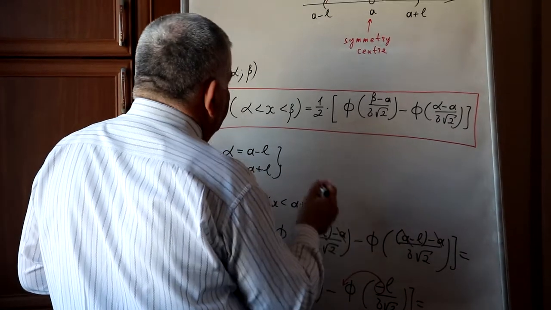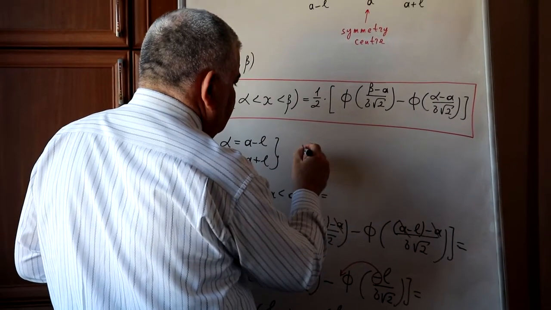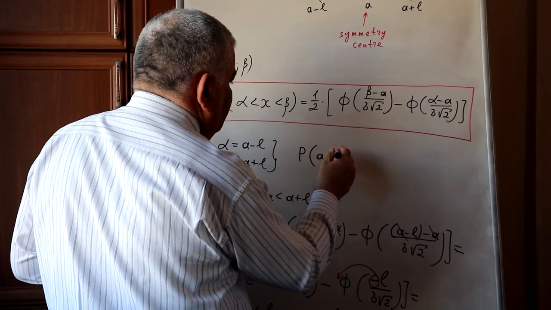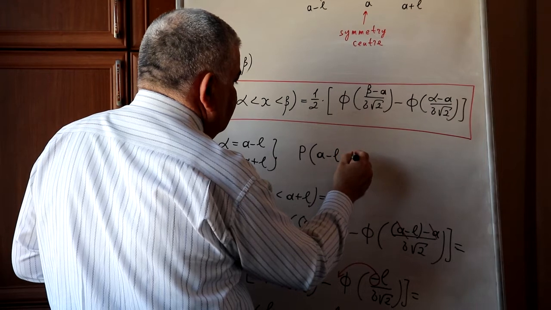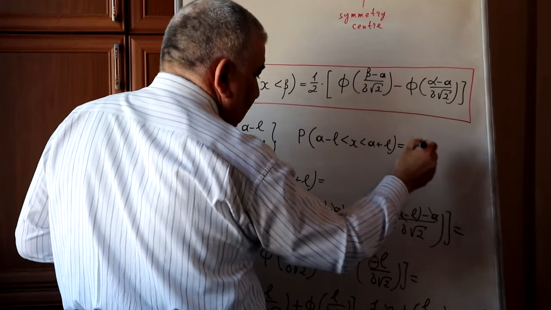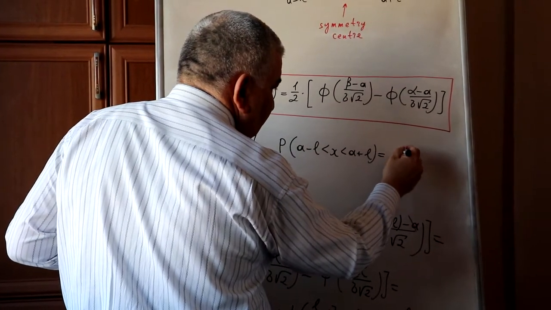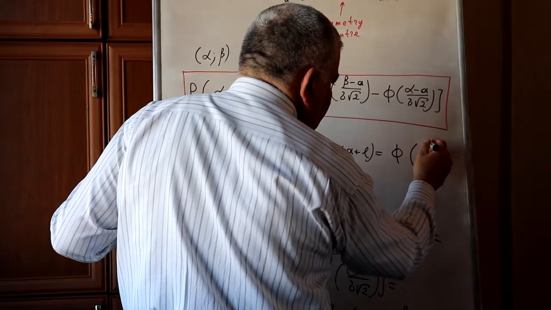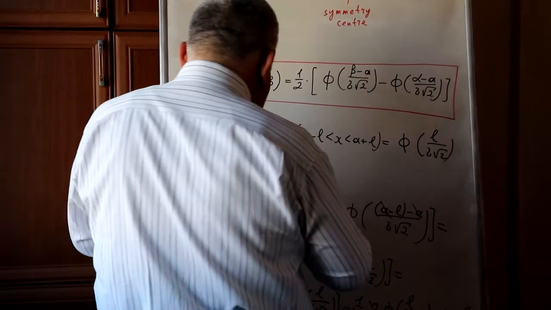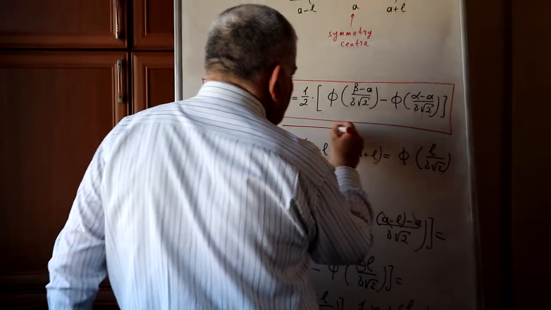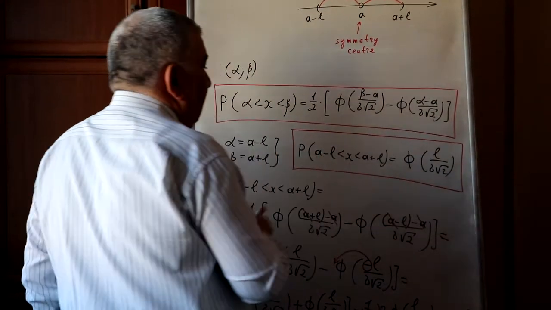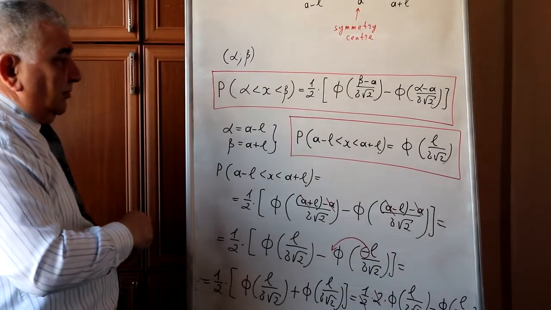And here it is P that A minus L is less than X is less than A plus L is equal phi of L over sigma square root of 2. It is final formula of our topic.